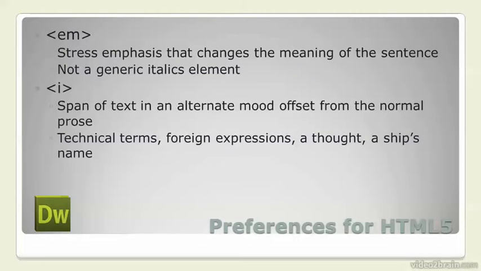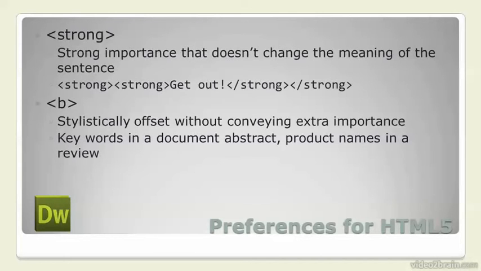The specification says that em should stress emphasis that changes the meaning of the sentence. It's not a generic italics element. I, on the other hand, should be a span of text in an alternate mood offset from the normal prose, something like a technical term, a foreign expression, a thought, or maybe a ship's name.